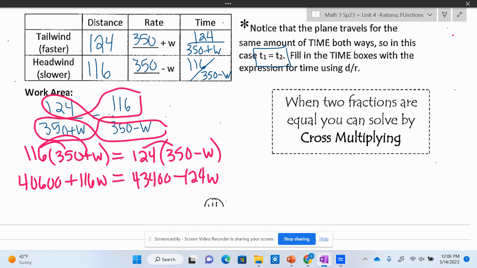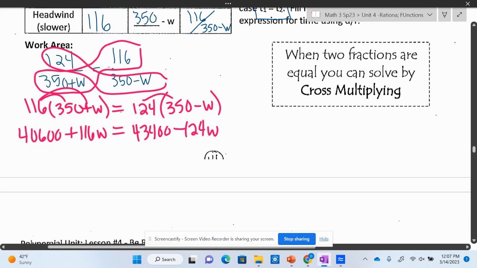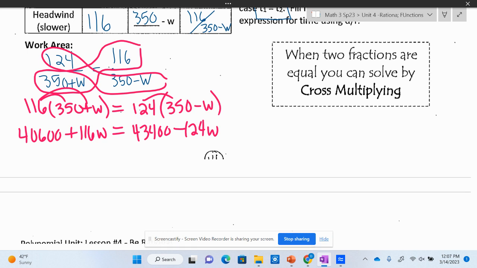So we're solving. We need to move all the variable terms on one side, all the constants on the other. So are you okay with me doing that all in one step? Yes or no? Okay. So I'm going to add 124W to both sides. And I'm going to subtract 40,600 from both sides.